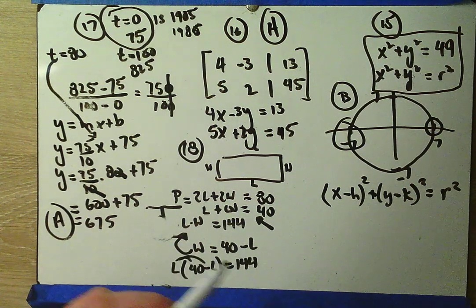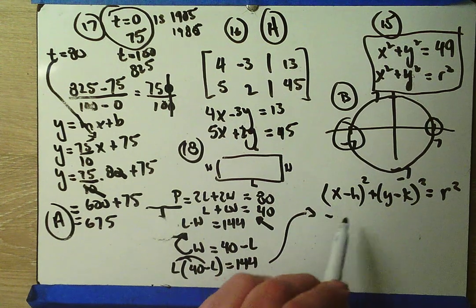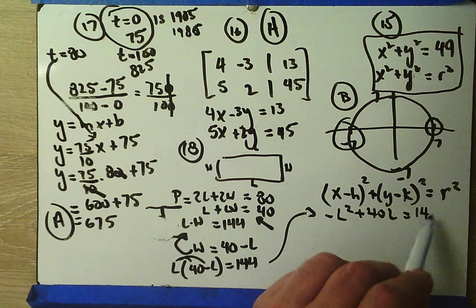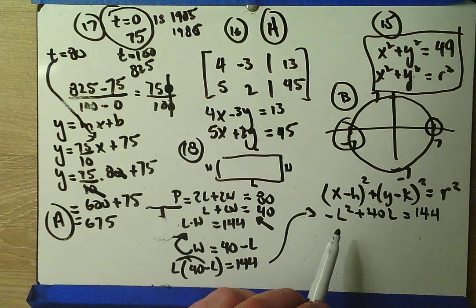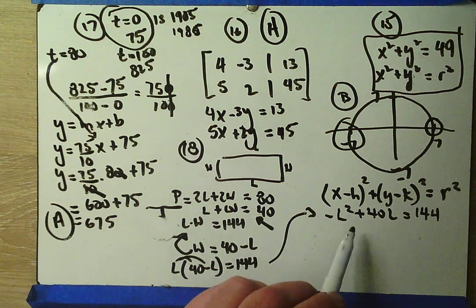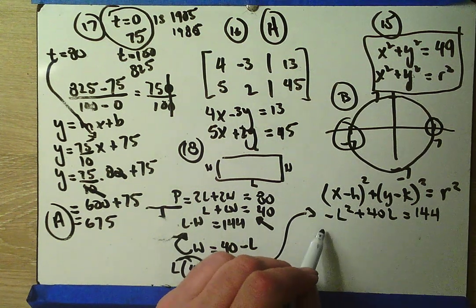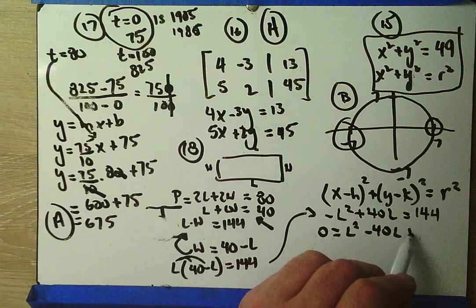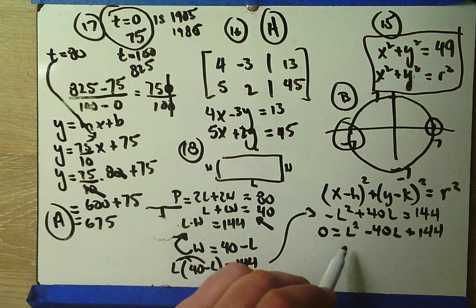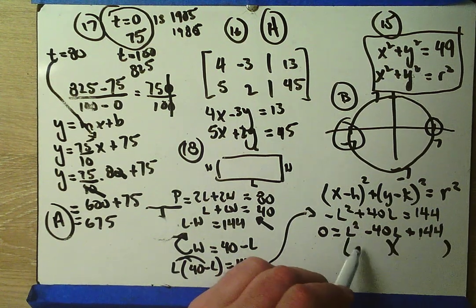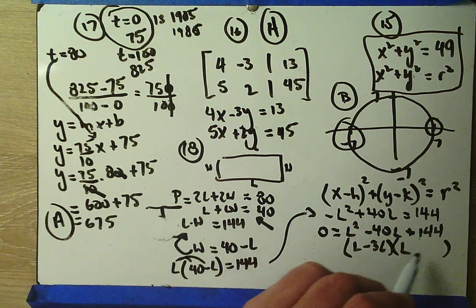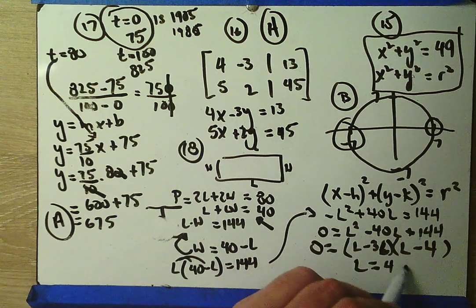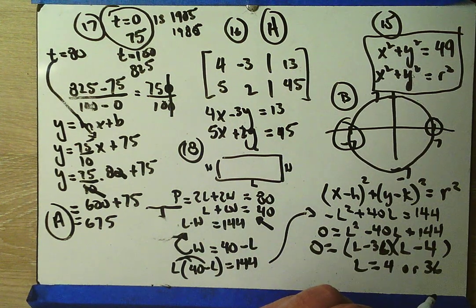If I distribute, I end up with negative L squared plus 40L equals 144. Because I need to solve this quadratic, I'm going to move everything to one side and set the equation equal to 0. So I'm going to have 0 equals L squared minus 40L plus 144. I can factor this trinomial as L minus 36 and L minus 4, which means that L equals 4 or 36.